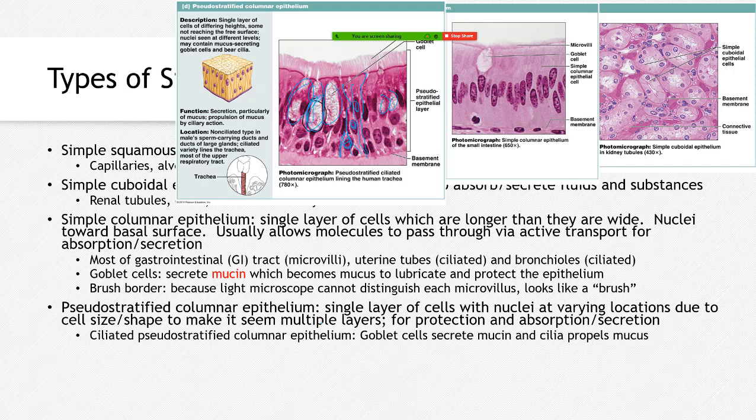This one's called ciliated pseudostratified columnar because it has these structures here called cilia. You might be wondering, well, doesn't that kind of look like the microvilli that you have here? I would say yes and no. If you look at the cilia here, compared to the microvilli, which one's longer? Which one's longer and which one's going to be shorter?